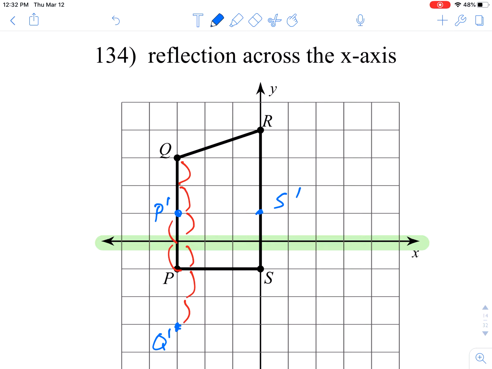We do the same thing for R. 1, 2, 3, 4. So 1, 2, 3, 4. And R goes right there. We label it as R prime. Again, the things in red are not necessary to write.